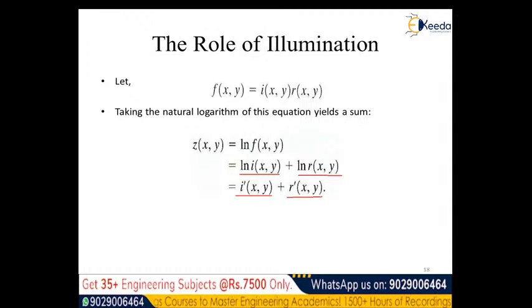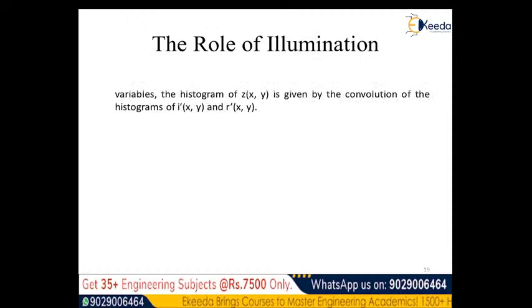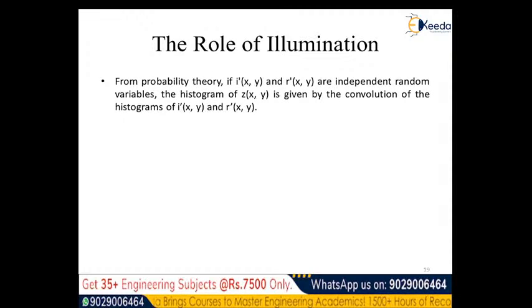With this consideration, if we have the probability background, from the probability theory, if this I dash of x comma y and r dash of x comma y after taking the logarithm are independent random variables, then the histogram for the image represented after taking logarithm as z of x comma y will be given by the convolution of the corresponding histograms of I dash of x comma y and r dash of x comma y.